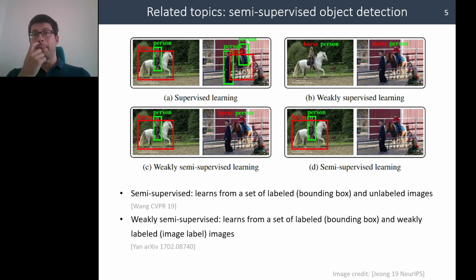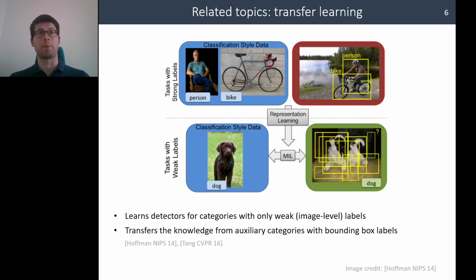My talk will focus only on the weakly supervised learning setting. Perhaps if you're a practitioner, weakly semi-supervised learning can be a more realistic setting. However, the principles I will talk about in the pure weakly supervised setting, some of them at least, will hopefully be relevant and useful for the weakly semi-supervised setting as well.